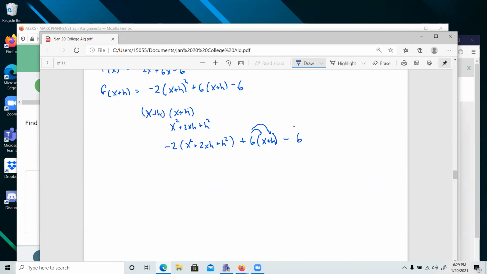So if I just do all the distributing on one line, I tend not to make this mistake. So minus 2x squared minus 4xh minus 2h squared plus 6x plus 6h, and then this guy's just back here for that.